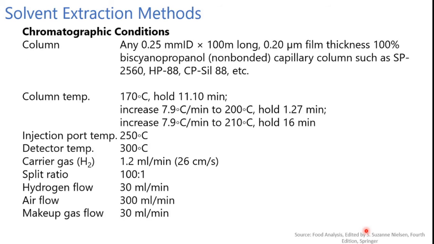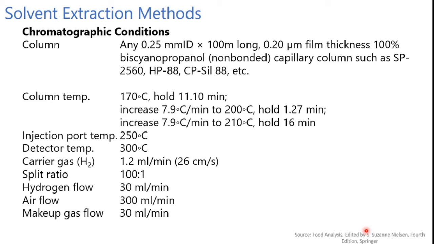Now, what are the chromatographic conditions which have been applied for the analysis? For the chromatographic conditions, we need various parameters such as the column temperature, injection port temperature, and detector temperature. We will see them one by one. First is the column.